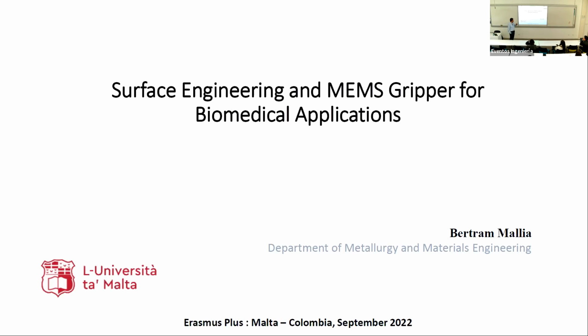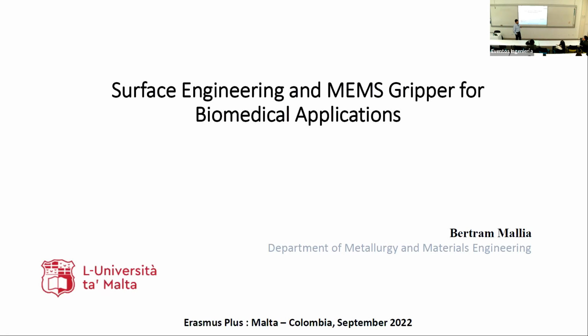I am going to mention two cases where we apply surface engineering. One is to try to mitigate the damage by corrosion and wear of metallic materials which are used inside the body. The other is surface engineering which we are employing on implantable electrode materials in order to enhance their performance.